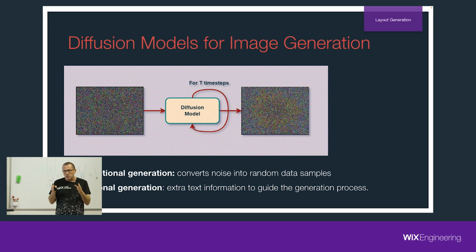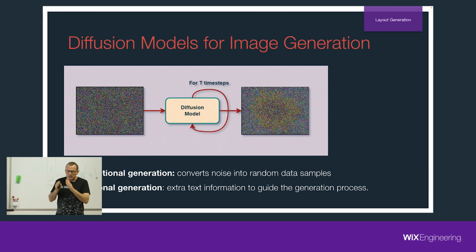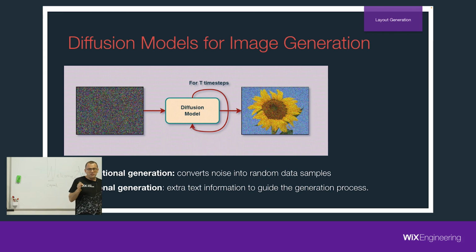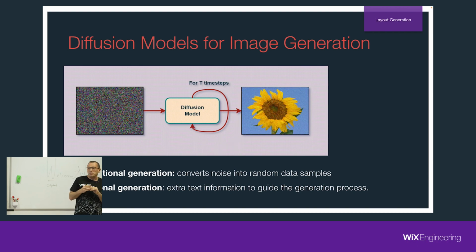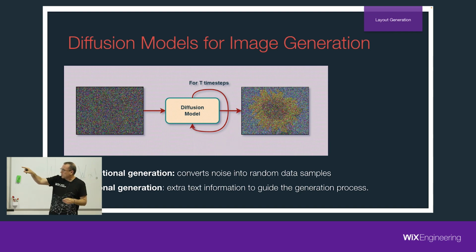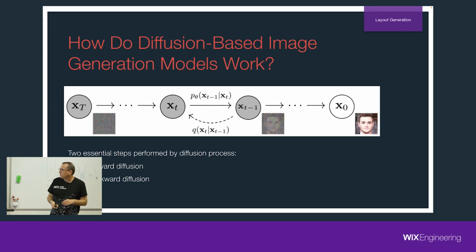We want to guide the generation, to direct it in some way, and we typically do that with text. For example, we can say to the model, please generate something that is a flower, or a person, or a person holding a flower. We add this conditioning to the diffusion model, and that's what directs the model to generate the right result.